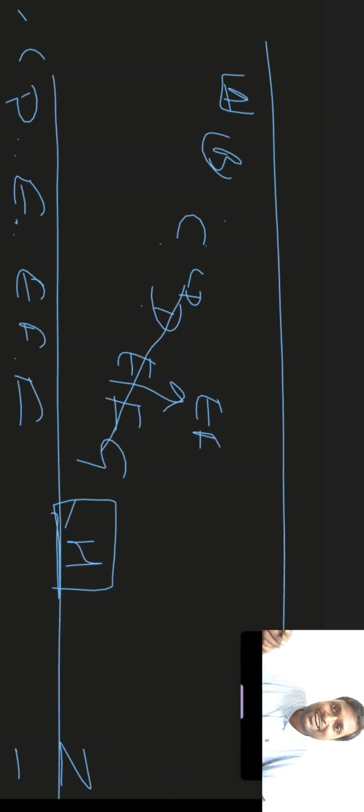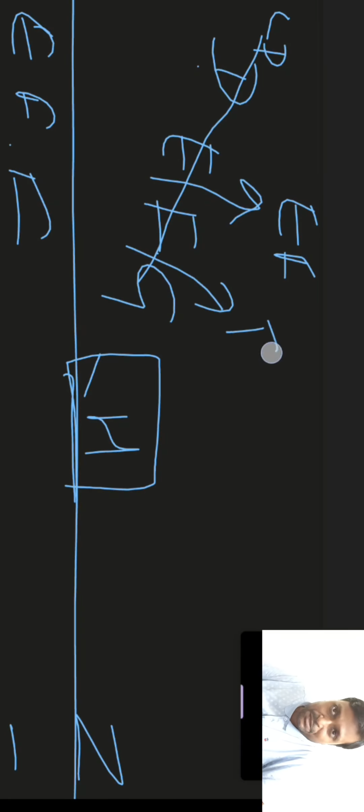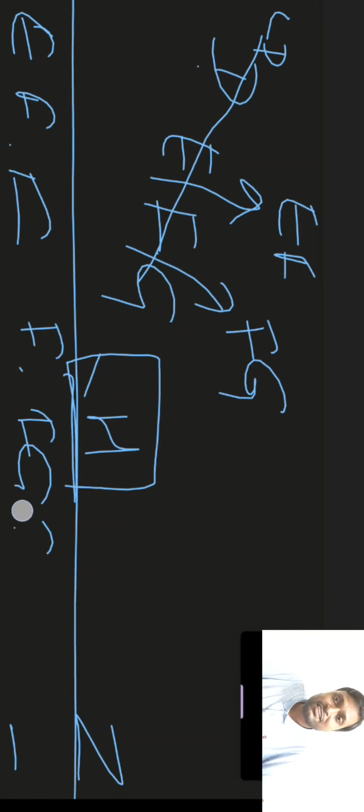So E is one fundamental deviation, EF is another, and F is again another. In the similar way, between F and G, there is another fundamental deviation, FG. So F is one fundamental deviation, FG is the second, and G is the third.